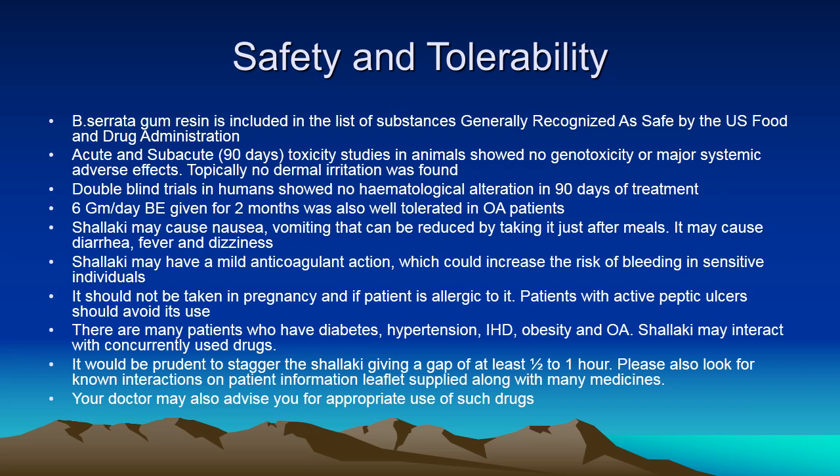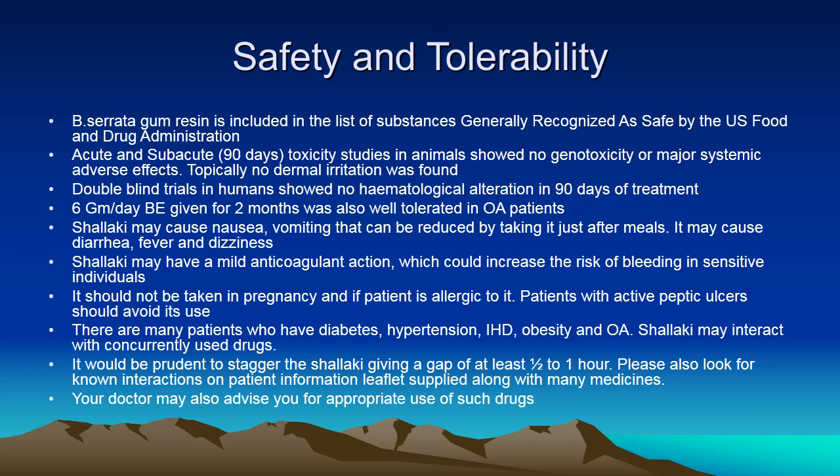Dermal irritation was not found, and eye irritation was found minimal. In double-blind trials, no hematological alterations, the blood changes, did not occur when it was given for 2 months in OA. However, Shallaki may cause nausea, vomiting that can be reduced by taking it just after meals. It may cause diarrhea or allergic fever and dizziness in some.